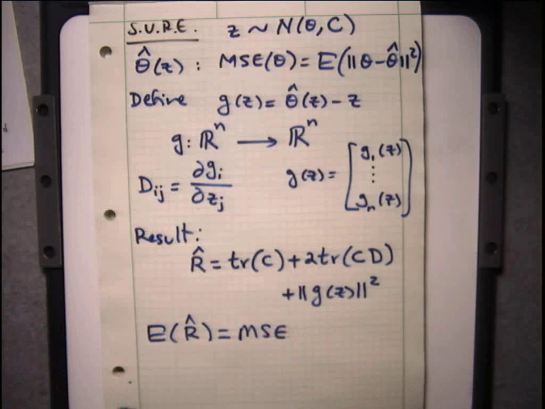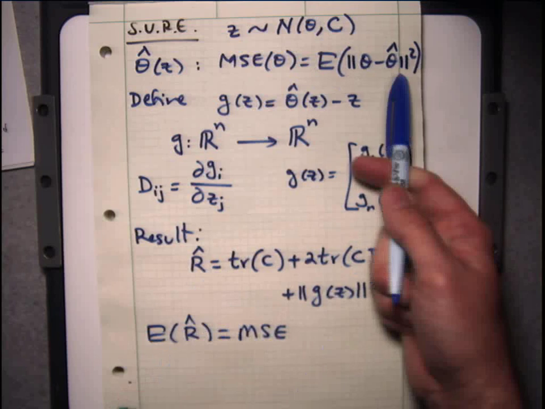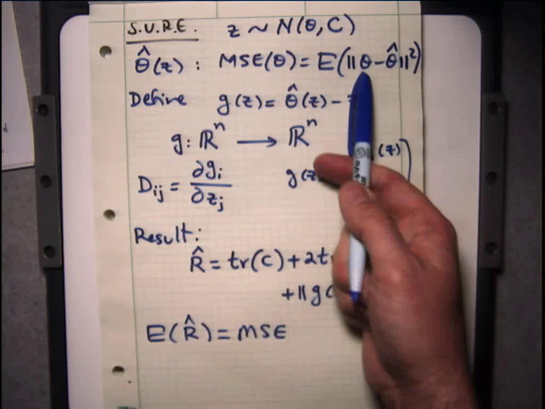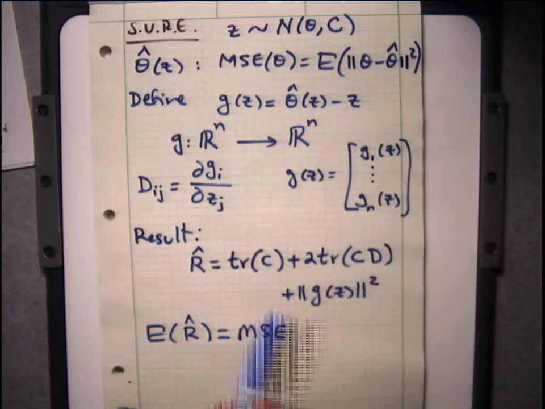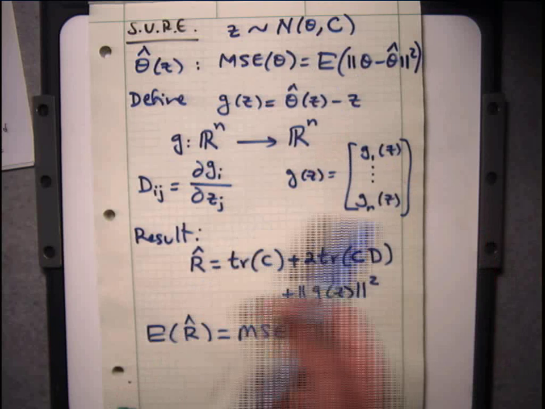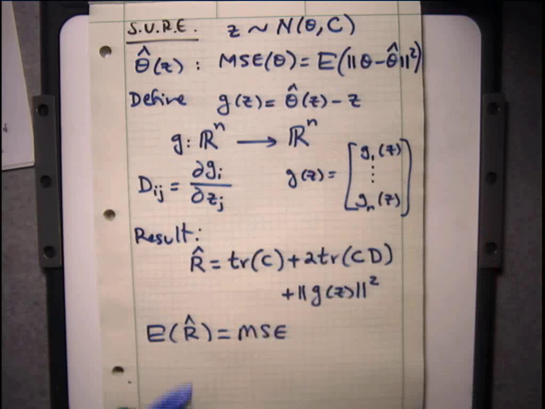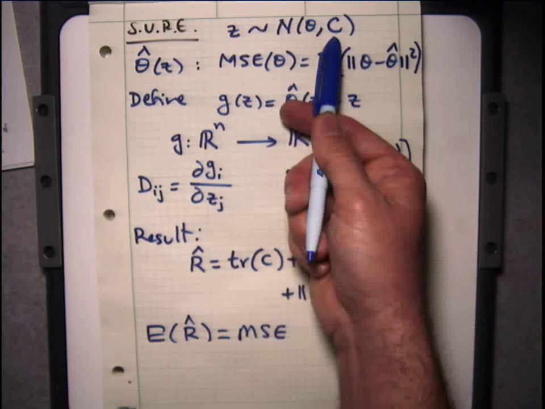Okay? Now let's take a look at this right-hand side. The mean squared error depends on theta, which is the truth, which you don't know. Right? Everything on the right-hand side of this, you know. You know the covariance matrix.